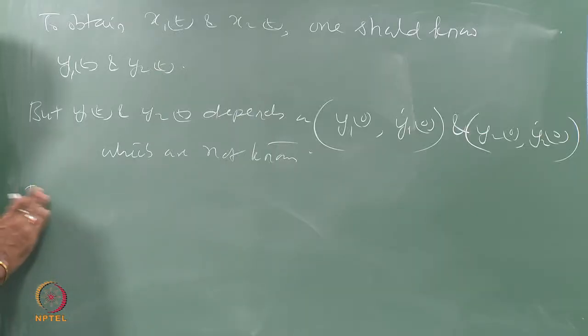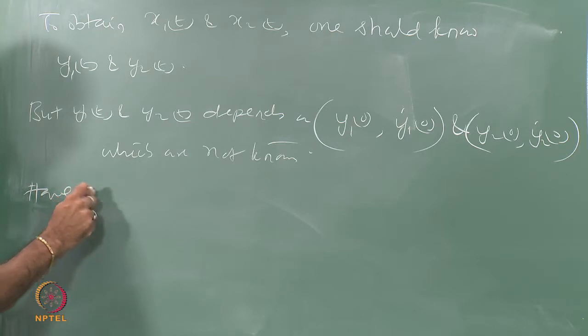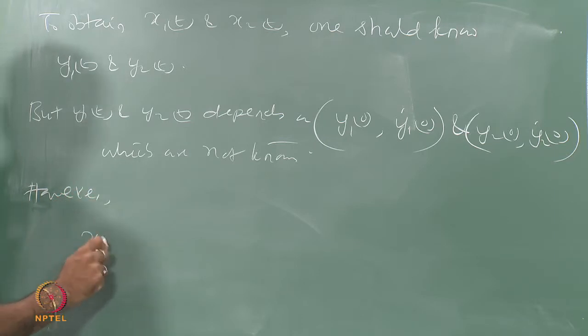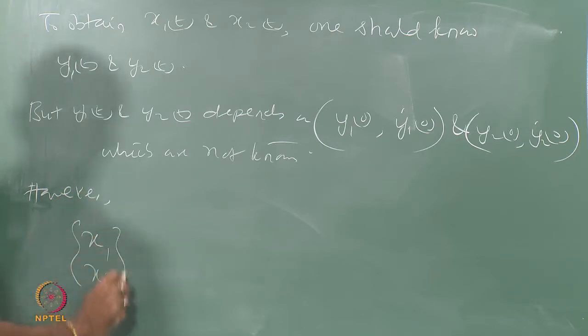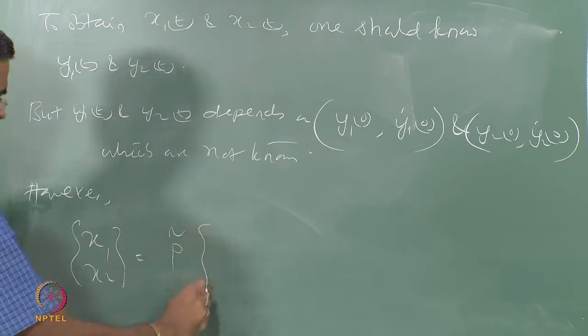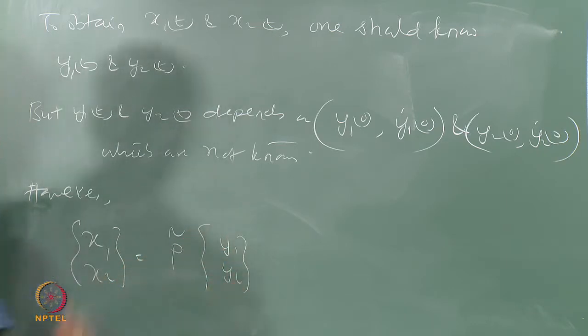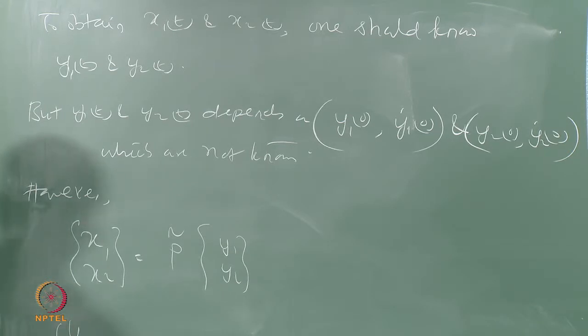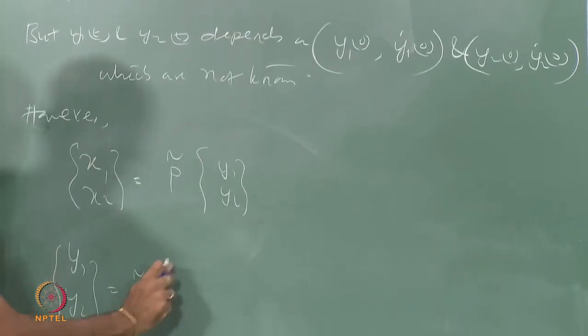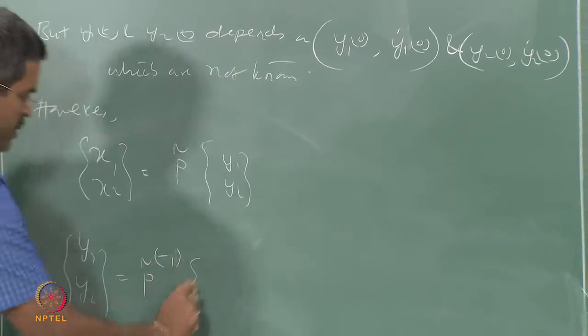But however, x1 x2 was equal to P tilde of y1 y2. So now I can say y1 y2 can be equal to P tilde inverse of x1 x2.